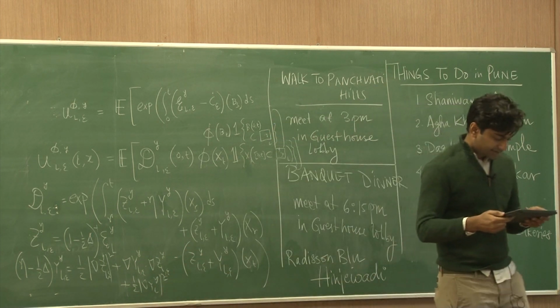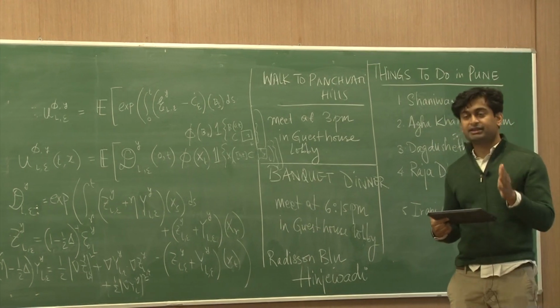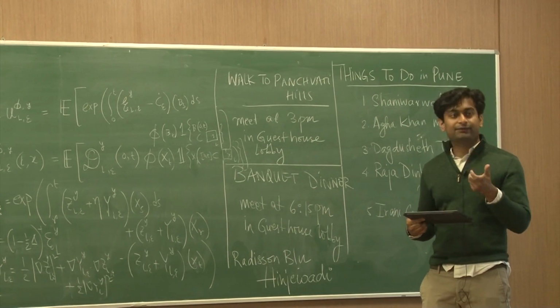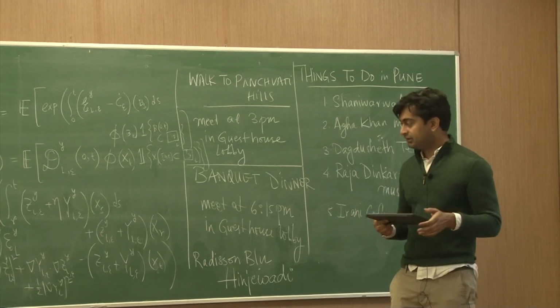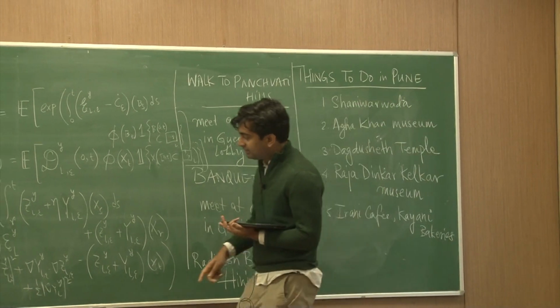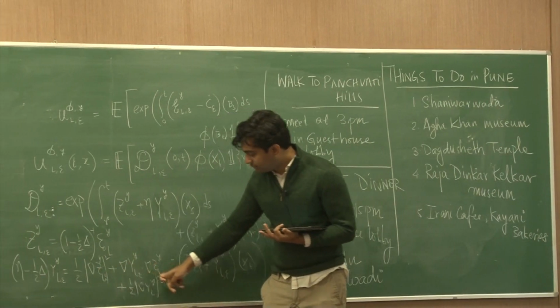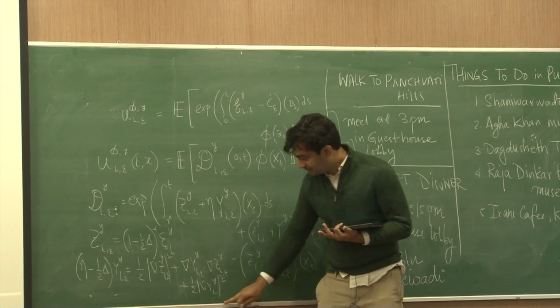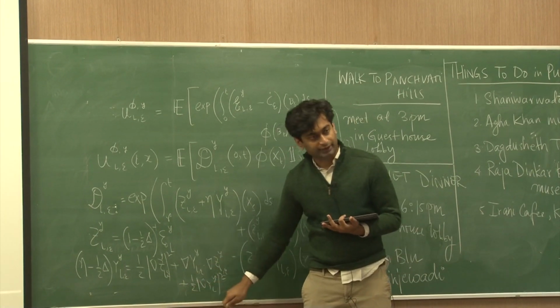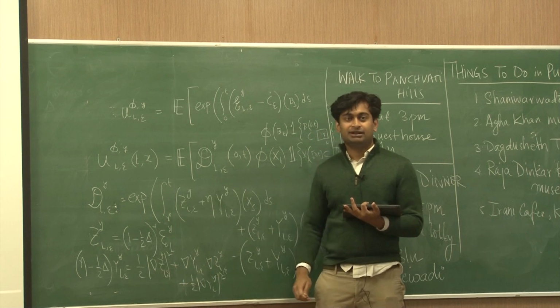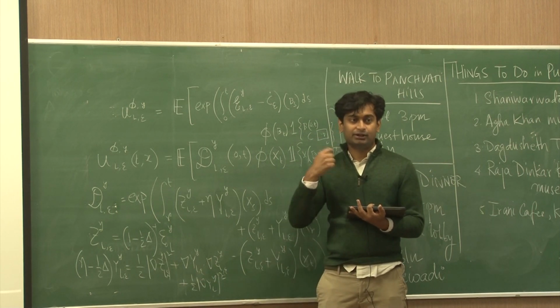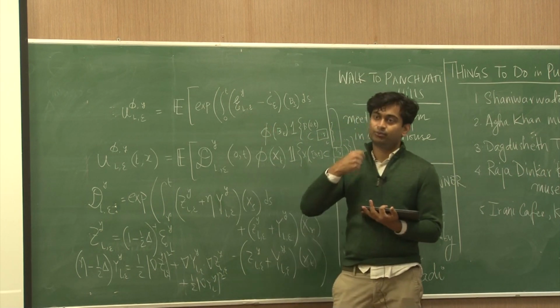And again, there's a subtle difference between 2 and 3 dimensions. In 2 dimensions, with the way I define this Y, you don't need to keep this extra gradient of Y squared. You can still work with it. But in 3 dimensions, the regularity of this noise becomes worse.